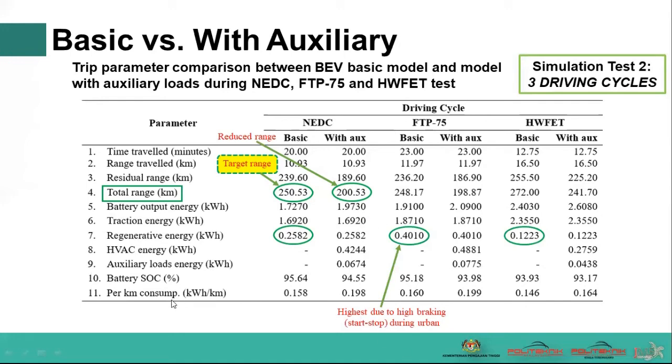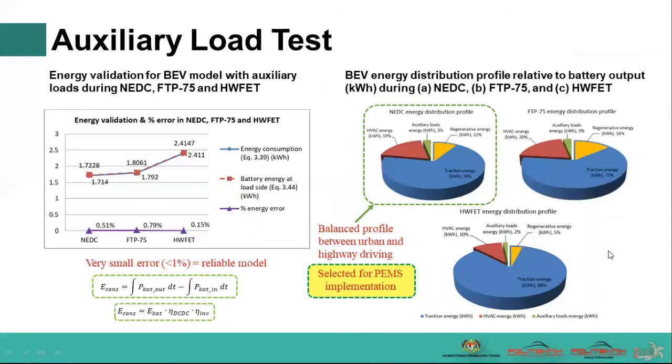And on the regenerative energy, you can see that the highest regenerative energy is achieved during FTP75. This is due to the nature of high braking and start-stop during urban driving, and the lowest is during highway driving, especially the US06, which is only 0.123 kilowatt hour per kilowatt hour.